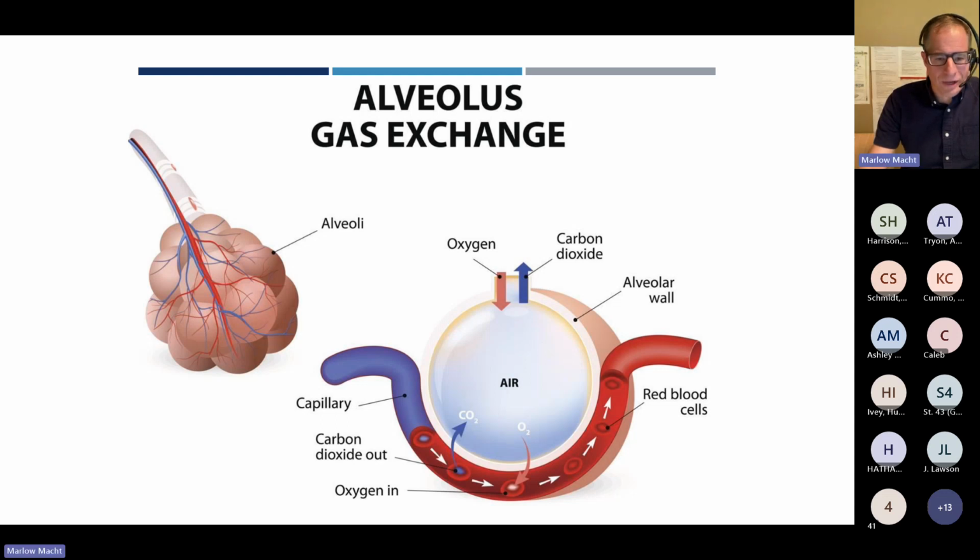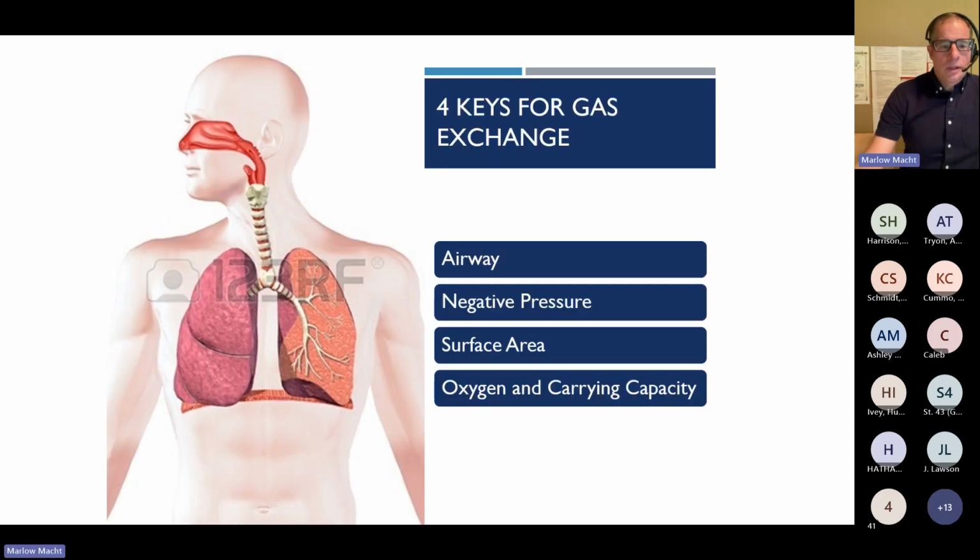So what's necessary for gas exchange? So obviously you need a patent airway. You need to be able to generate negative pressure, both from the diaphragm and then from the accessory muscles of breathing. You need surface area in the lungs that's unimpeded that allows for free gas exchange.